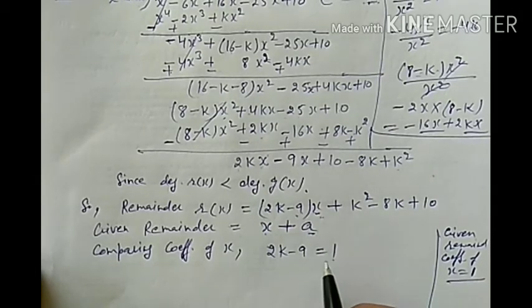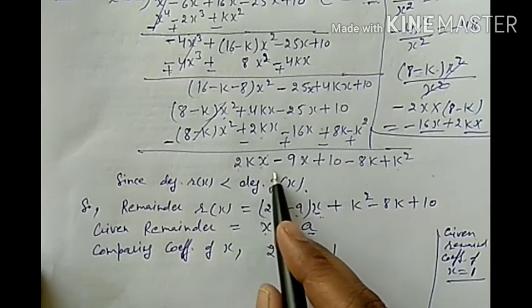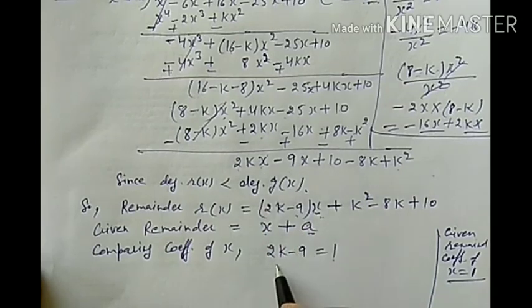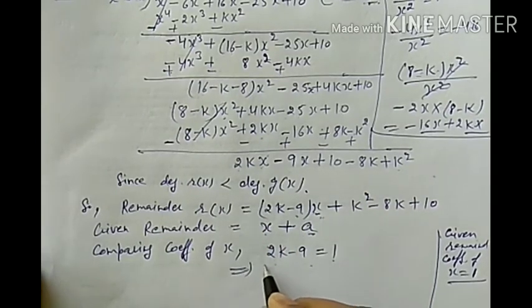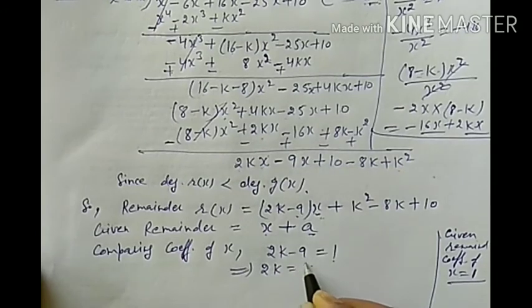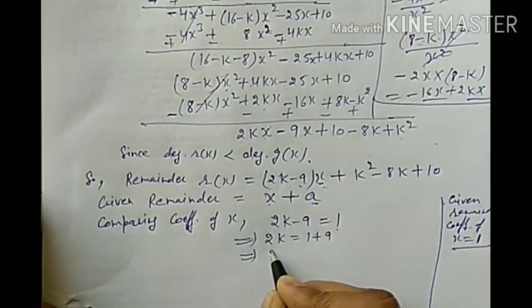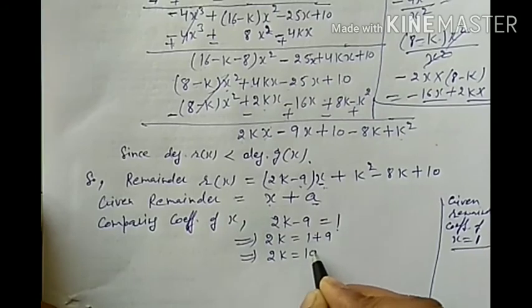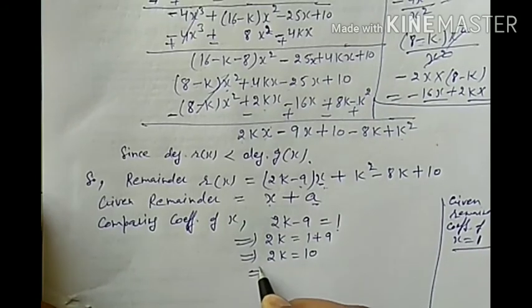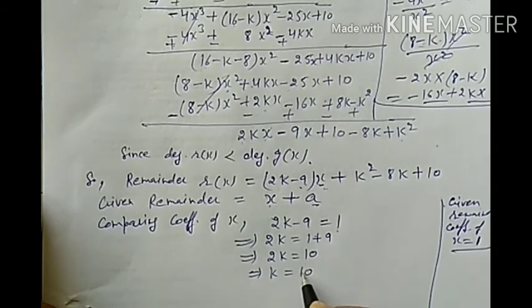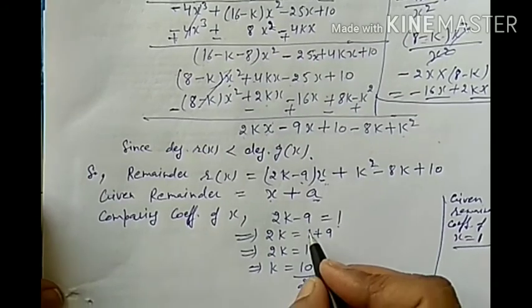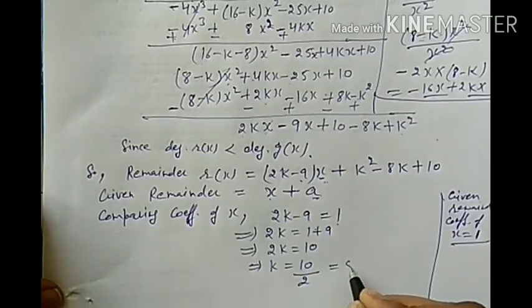Given remainder and after division we got remainder. So it implies that 2k is equal to 1 plus 9. 2k is equal to 10 and k is equal to 10 divided by 2 is equal to 5.